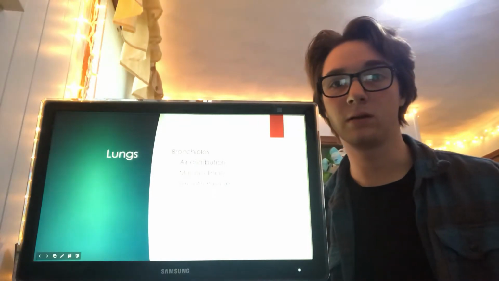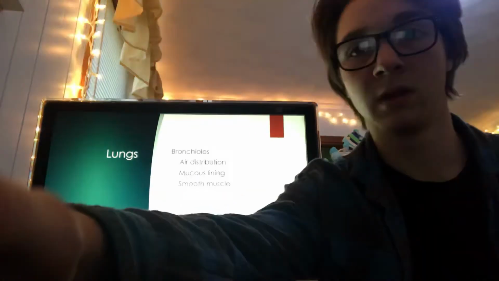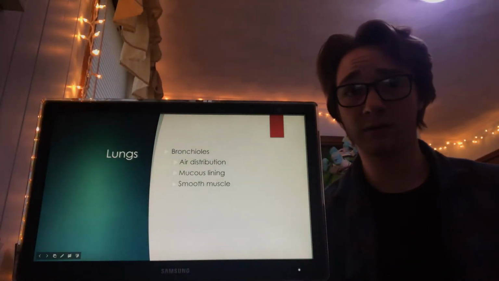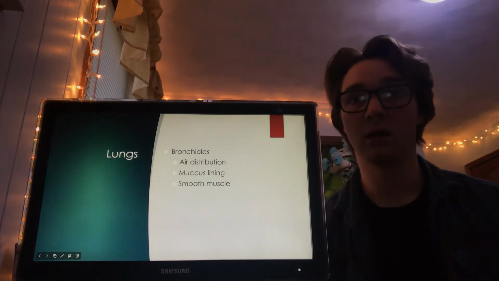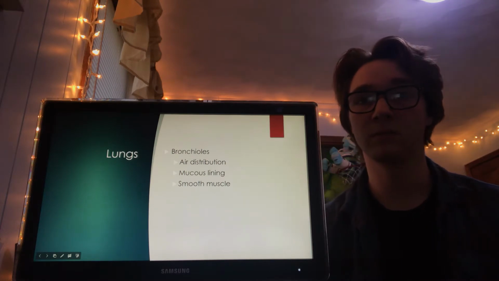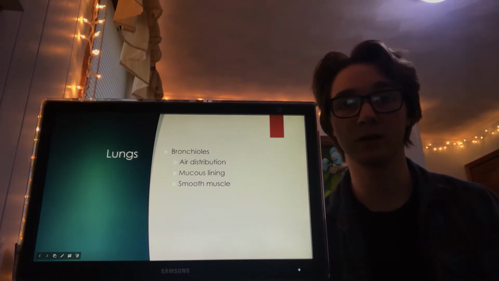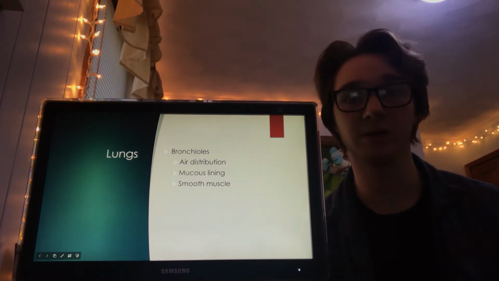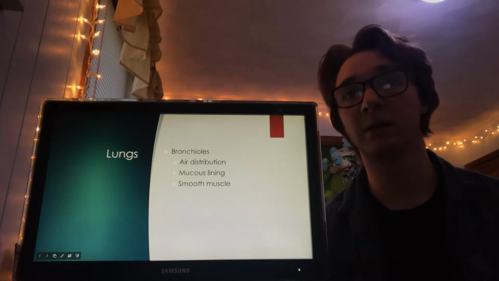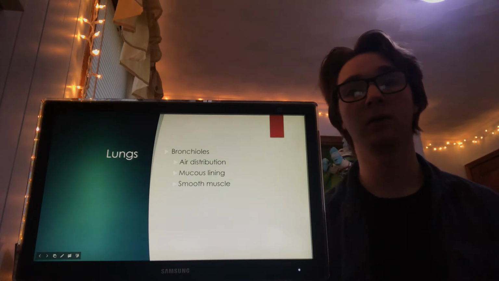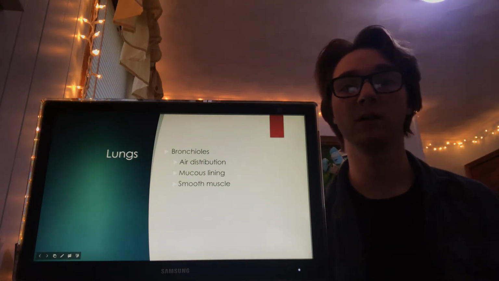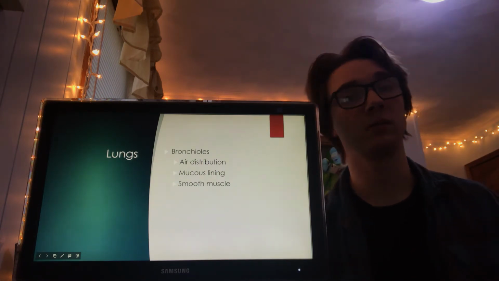So if we take a look at bronchioles, these are mainly used again for air distribution throughout the lungs. So there's also a mucus lining around the bronchioles as well as the respiratory tract in general. And this mucus lining is used to help defend the lungs from a foreign pathogen or bacteria that comes from the external environment.